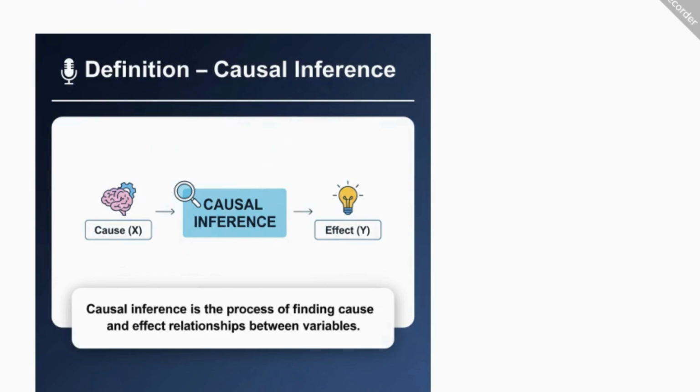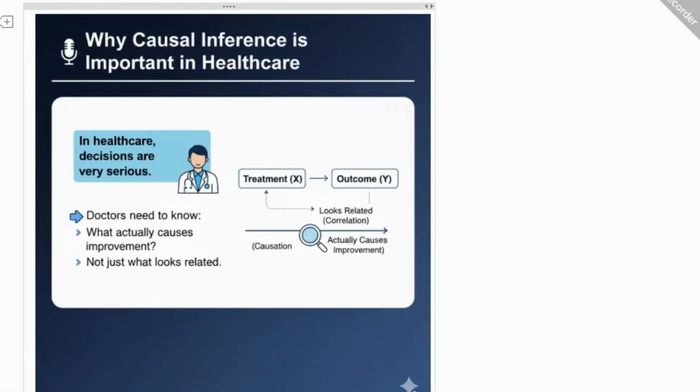So why is causal inference important in healthcare? In healthcare, decisions are very important and maybe very serious. A doctor needs to know what actually causes improvement and not just what looks related.